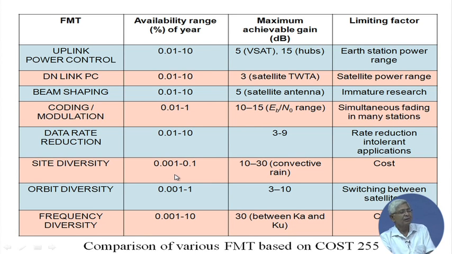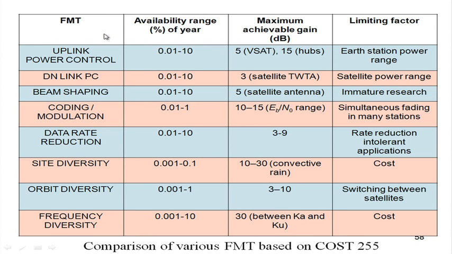Now with all these things, a table is prepared by a committee called COST 255, and different types of fade mitigation techniques they have analyzed, and some of them are simulated.